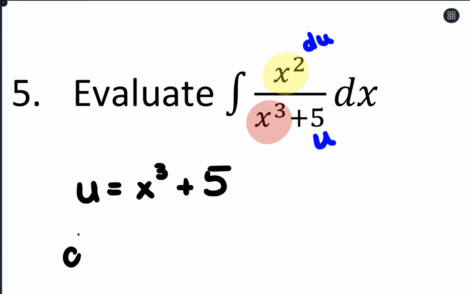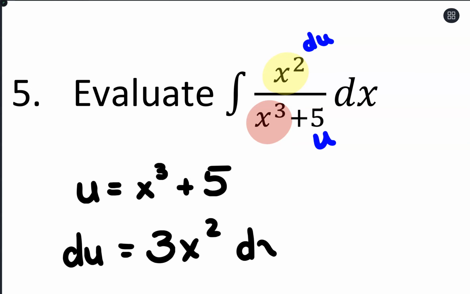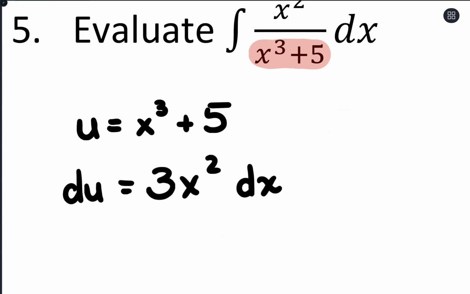And then when I go du, that's going to be 3x squared plus 0 dx. All right, so in terms of my values, u is going to replace that denominator, x cubed plus 5. And then du, I'm almost there. An issue is I have this extra 3 hanging out and I just want x squared.